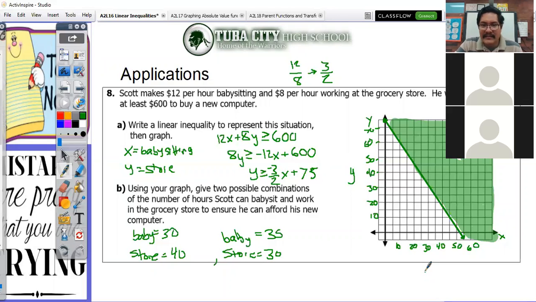So 8 times 30 would be $240. And that would be 660. This combination would yield $660, which is still good. You also got to account for taxes as well. That's why I'm kind of going a little bit over the green line. All right, so there we go.